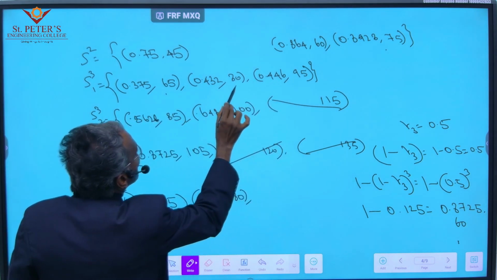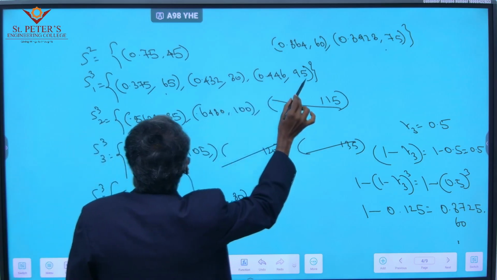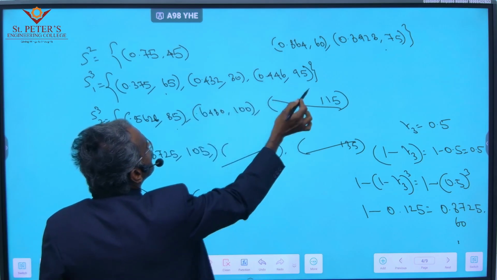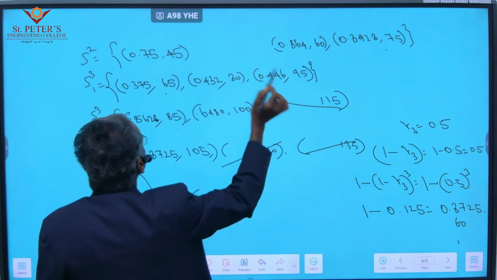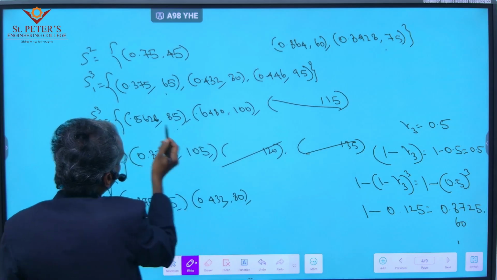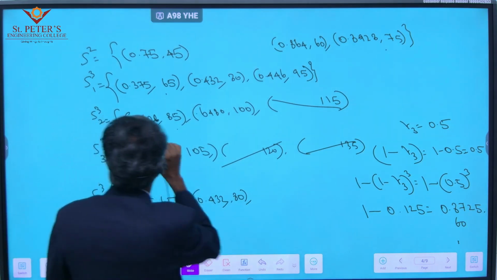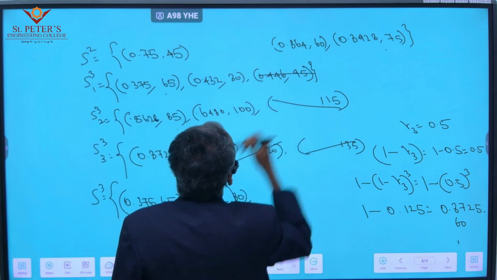See, cost is 85, 95, again 85. So which one is good for us? This is good. 95 is not good because with less cost, if we can extract maximum reliability, this is good for the system, so we can retain this and rule out the other one.